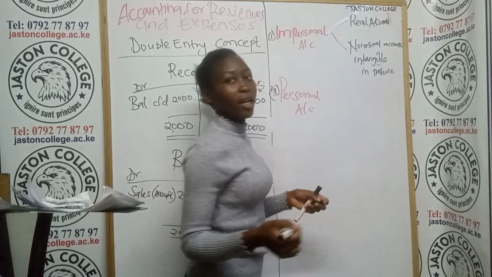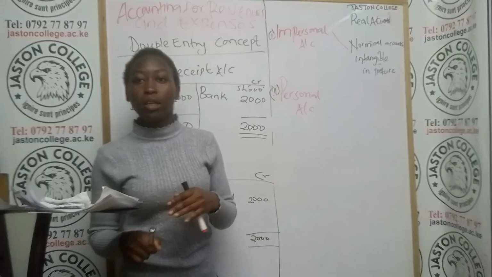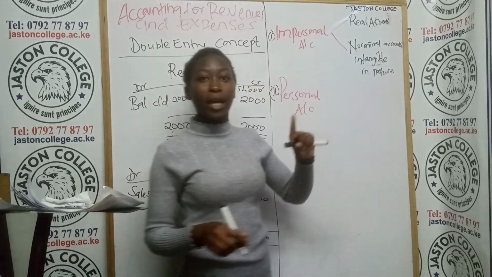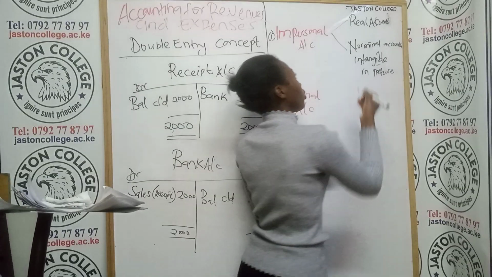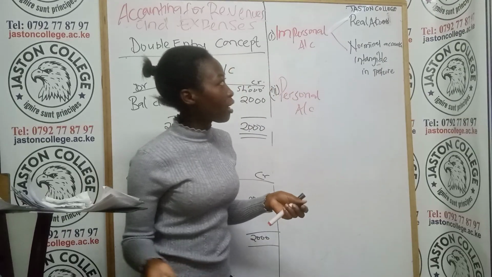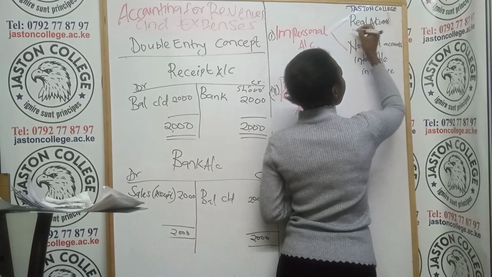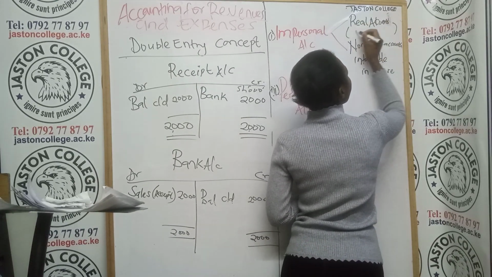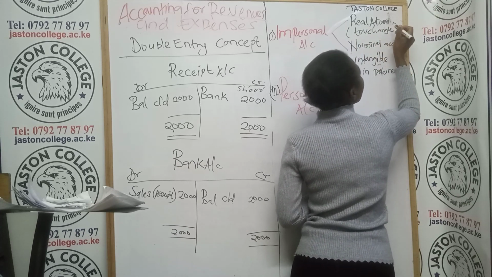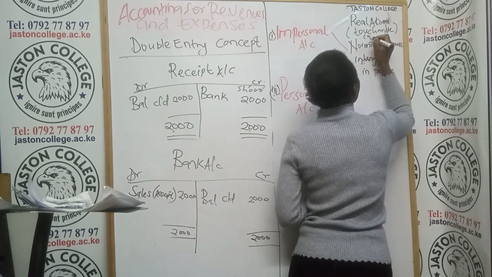Then we have our real accounts. Our real accounts contain items that we use in our business. They are the touchable items, which we can touch, the likes of furniture, computers, motor vehicles, all those. These are touchable commodities.